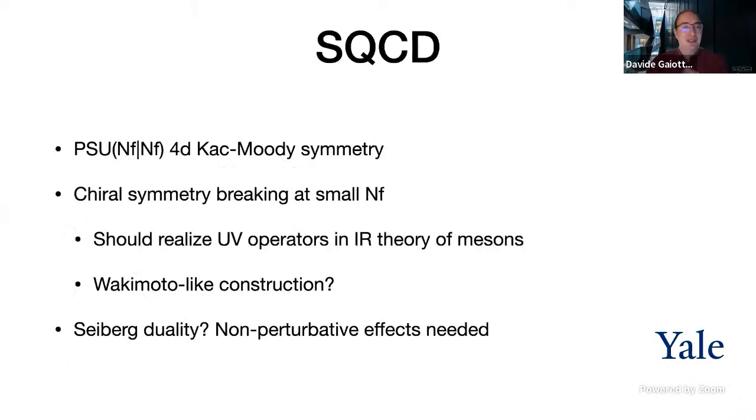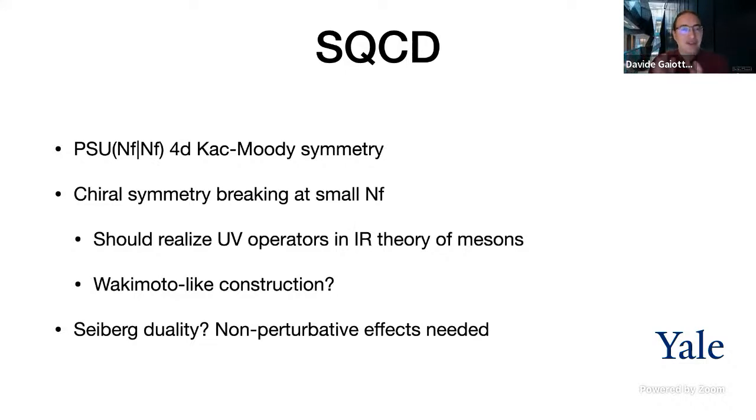For SQCD, we are still at the very beginning of our analysis. The holomorphic twist of the theory turns out to have a 4-dimensional Kac-Moody symmetry, or the 4-dimensional analog of a Kac-Moody symmetry, with a group that is PSU(NF|NF).